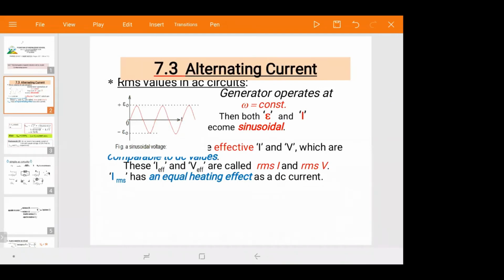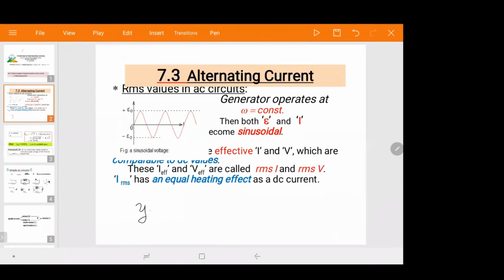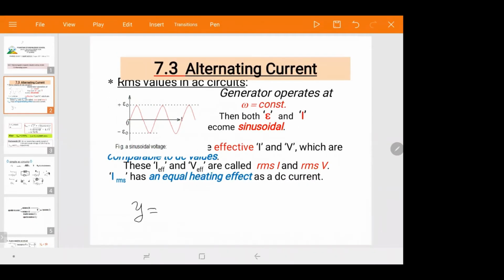experiments showed that when you rotate a coil in a magnetic field at a constant angular speed, the current that you get induced as well as the voltage becomes sinusoidal. Sinusoidal means something described by the equation y equals y0 times, mathematically, so to say, sine x.